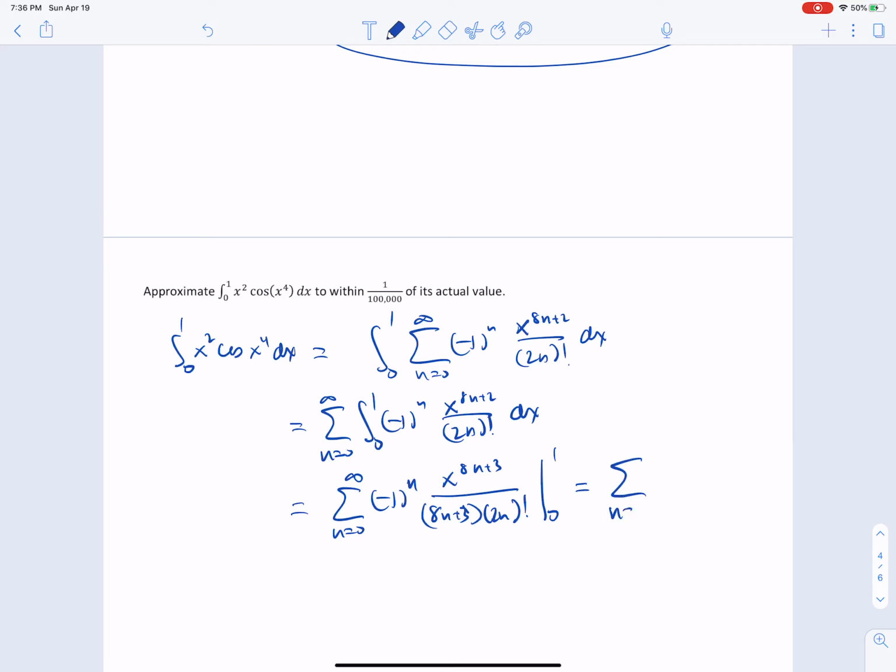And so the series that represents this integral is going to be 1 over 8n plus 3, 2n factorial. This is an alternating series.